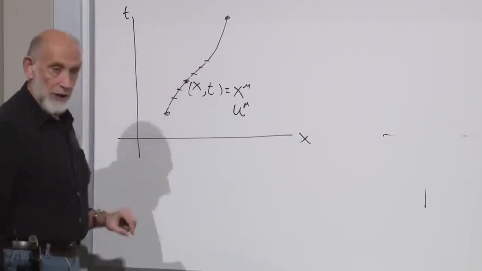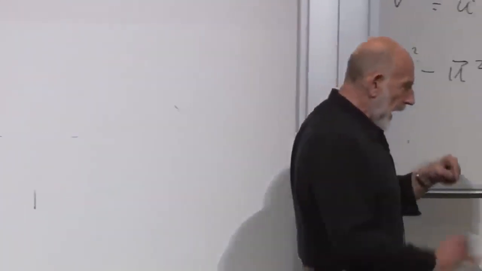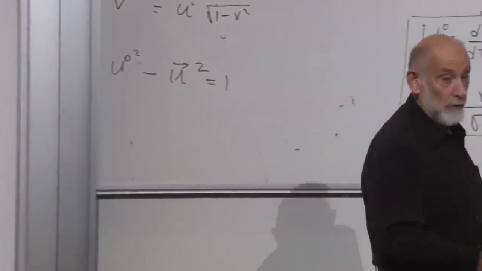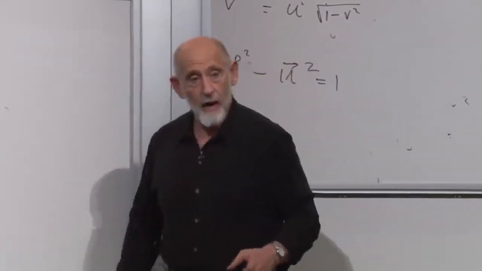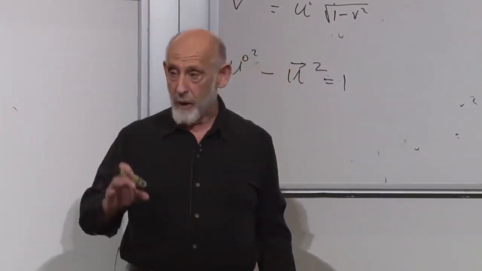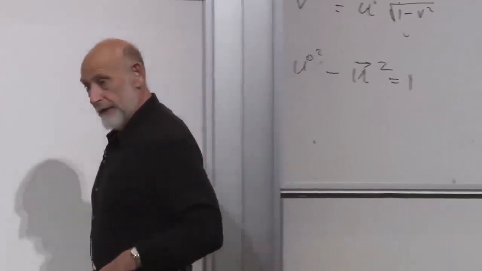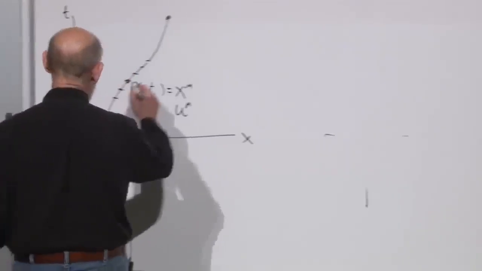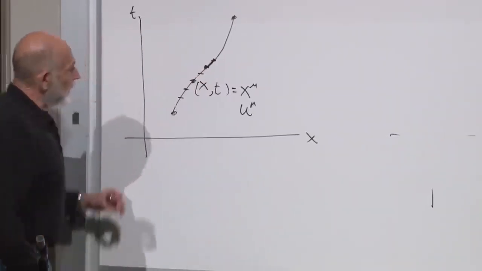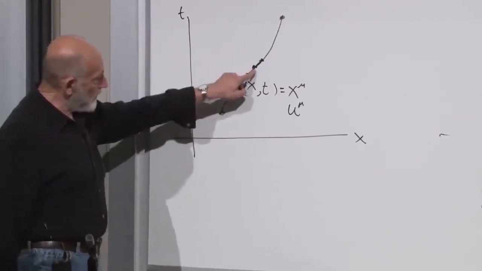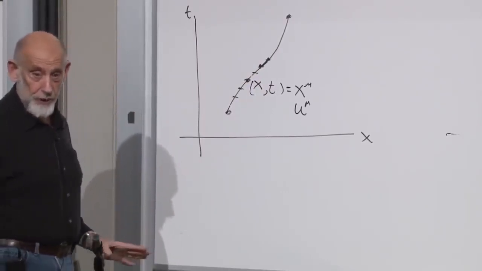Action is an integral over the trajectory, and the thing of which it is an integral should be the same in every reference frame. There's really only one thing that is invariant in going from a position to a displaced position, and it is the proper time along the trajectory.